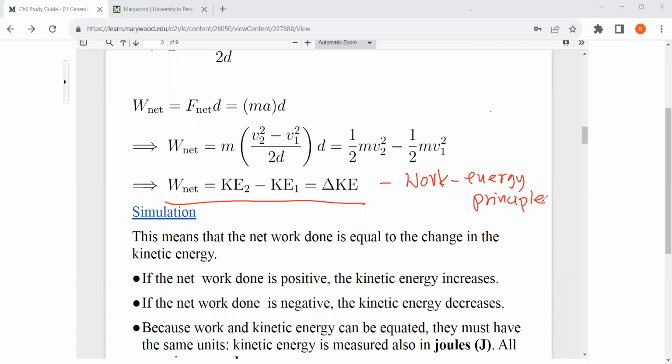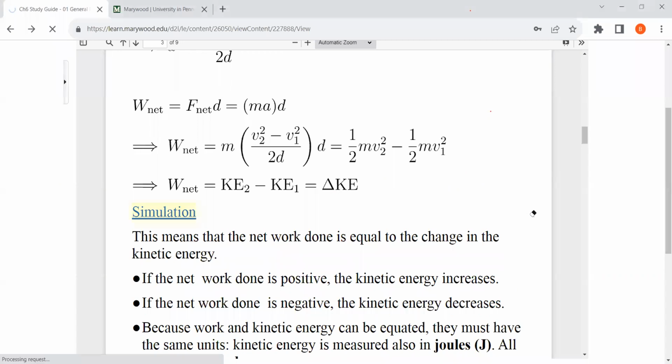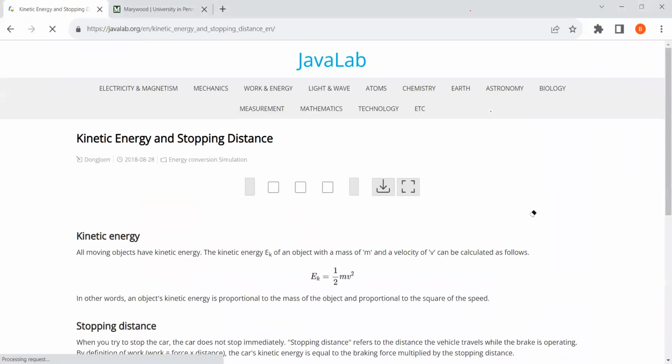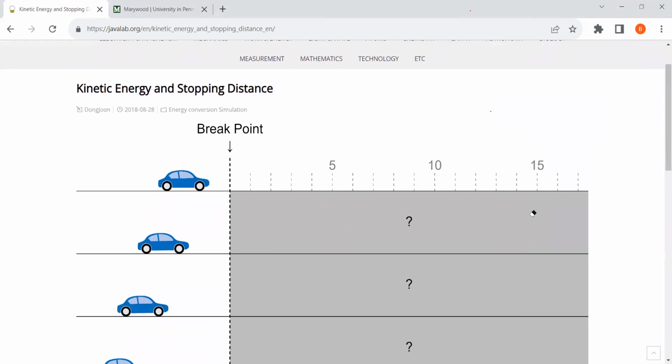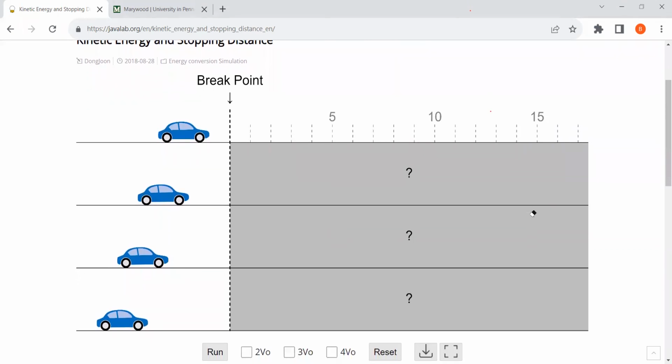What I am going to show in this simulation is that by using the work energy principle, you can show that kinetic energy is related to the stopping distance. Let me explain what it means. Here you see that we have 4 cars. At the bottom you see the first car's velocity is v0.